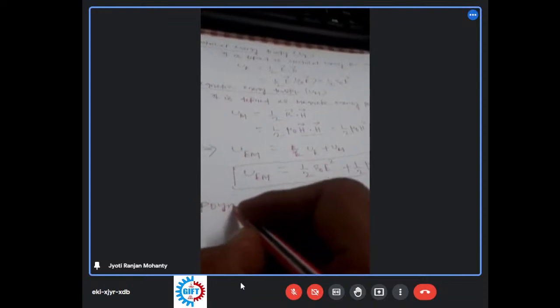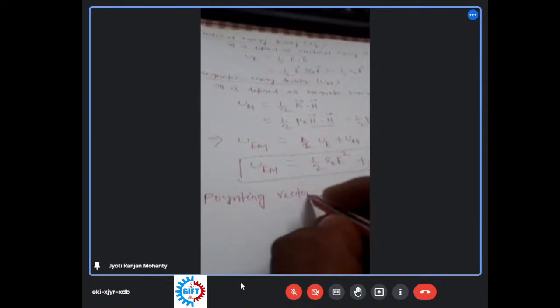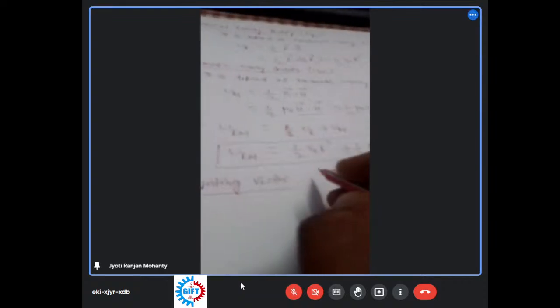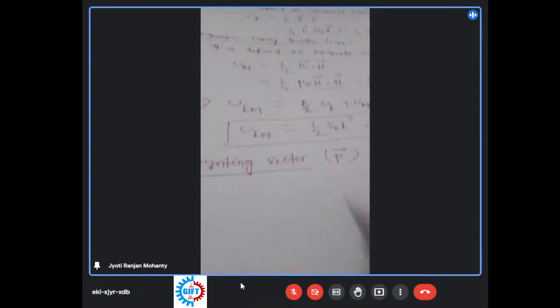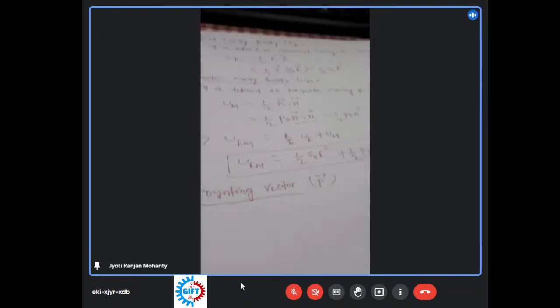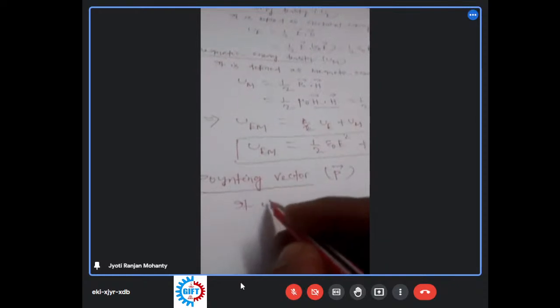Next is, what is the pointing vector? It is symbolized as P. It is important.